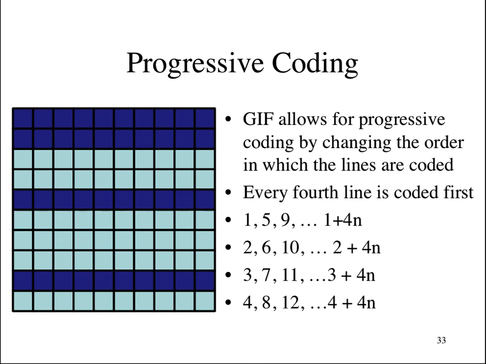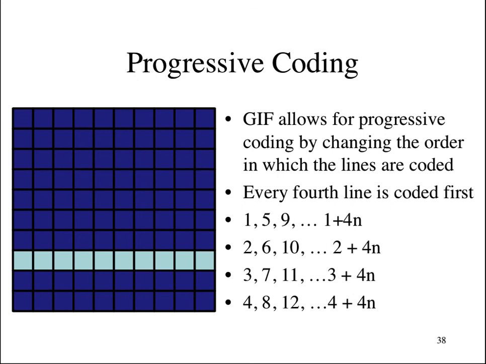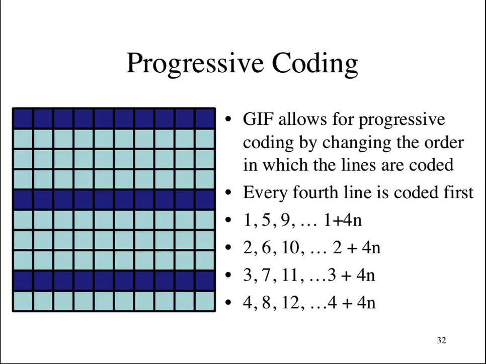I think it would have been better if it did line 3 and 7 next, but it doesn't. And so it fills up this way. So at this point, you would have a quarter of the pixels, but they'd be spread out from the whole image, so you'd get a feel for what it might look like.